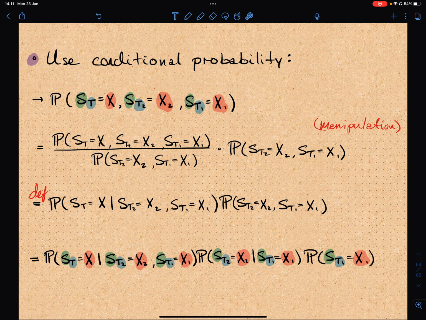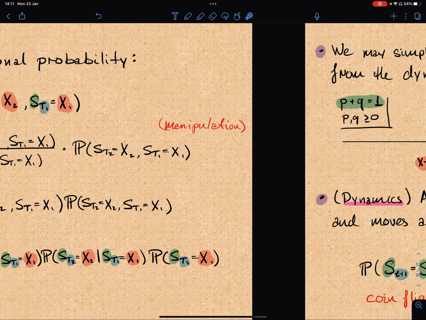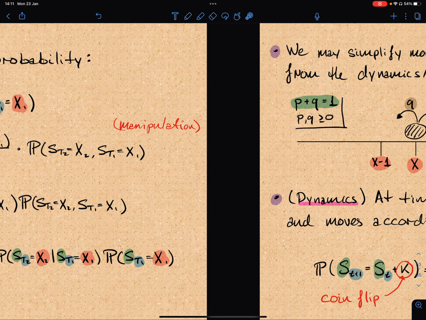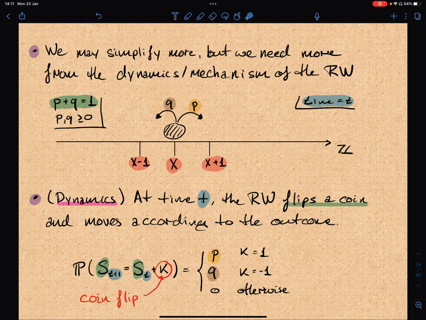You might try to guess how, and we'll develop this and give certain circumstances under which this conditional probability is simplified. These circumstances are natural, they're not crazy or out of the question. I'm trying to motivate that this will be the case.